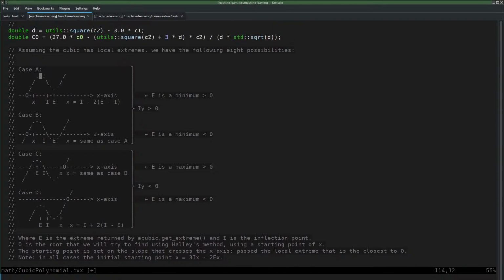That is, I want to start at minus 2 if the inflection point is larger than 0.